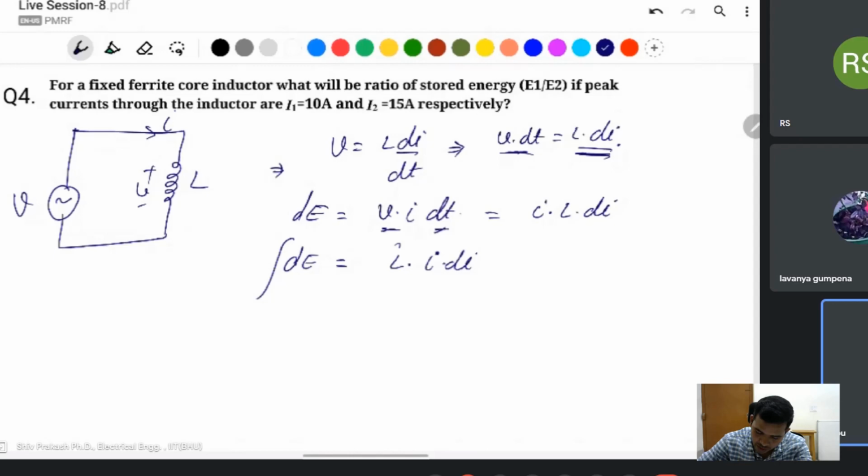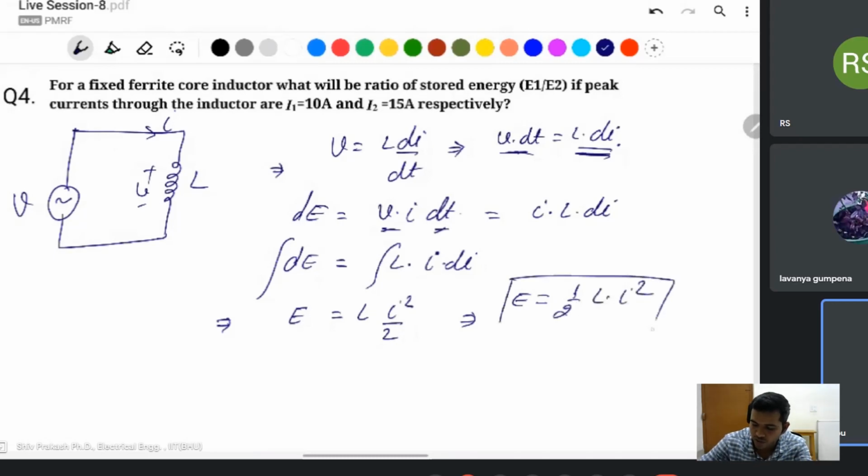Integrate on both sides, L is a constant. The integration of I with respect to I is I square divided by 2. It means the energy stored in the inductor is half L into I square.